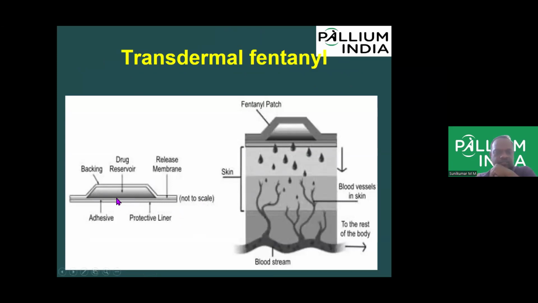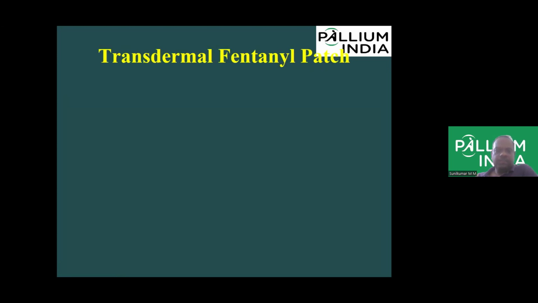This is the reservoir from which drug is constantly diffused into the subcutaneous tissue, a site where lots of blood capillaries are present. So before the fentanyl patch acts, it first forms a subcutaneous tissue depot.